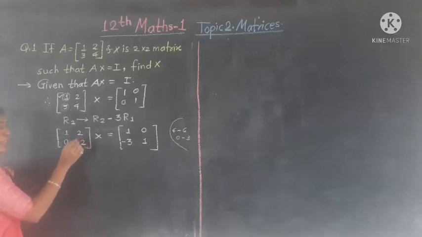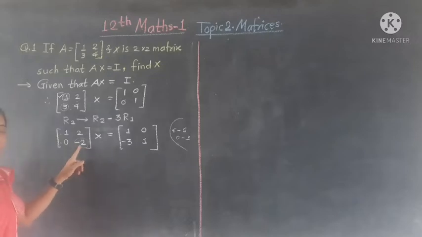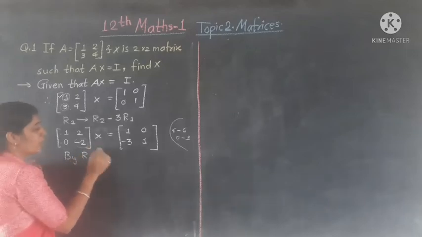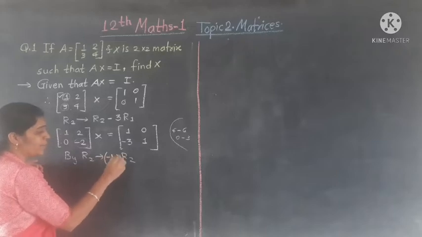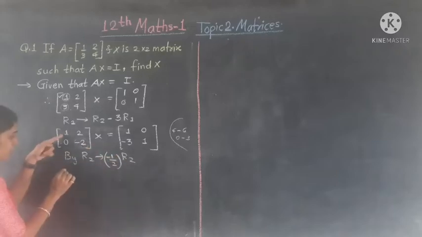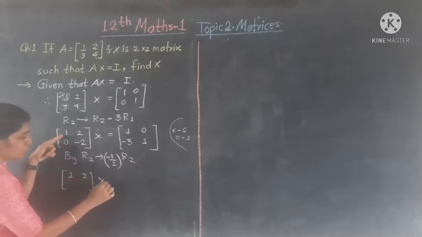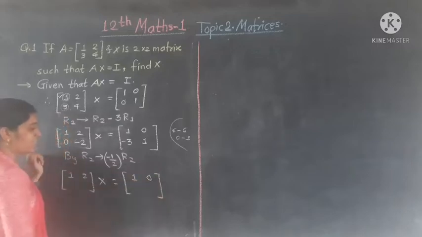Now we want to make this 1. For making 1 we multiply. So R2 changes to R2 multiplied by what? If we multiply by minus 1 upon 2, it will become 1. So you multiply here. There is no change in R1, so put the R1 elements as it is.